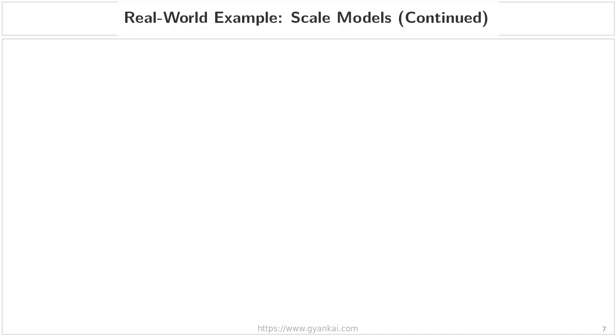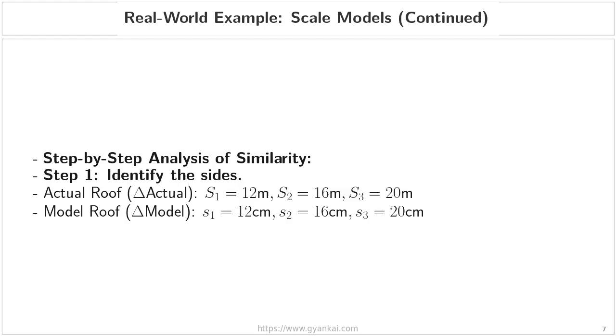Real-world example, scale models continued. Now that we have our scenario, where an architect is comparing a large roof to a small scale model, let's break down how we actually prove these two triangles are similar using a step-by-step analysis. First, in step 1, we need to clearly identify the lengths of all the sides involved.